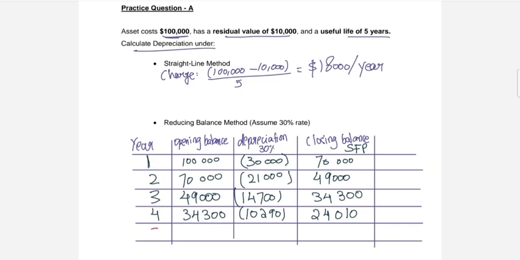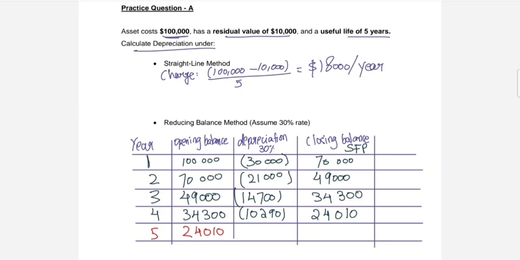Now let's talk about year 5. This is going to be a very special year because this is the year at which the asset is going to be disposed of. This is the year in which we are going to be discarding the asset because the useful life is going to be completed at the end of this year. So you will carry forward the value of the asset as $24,010.